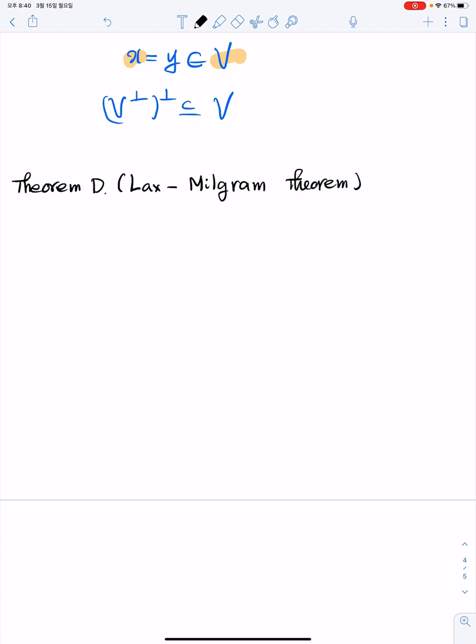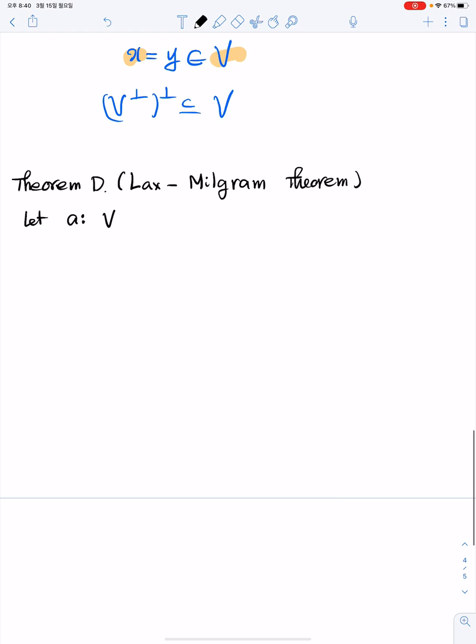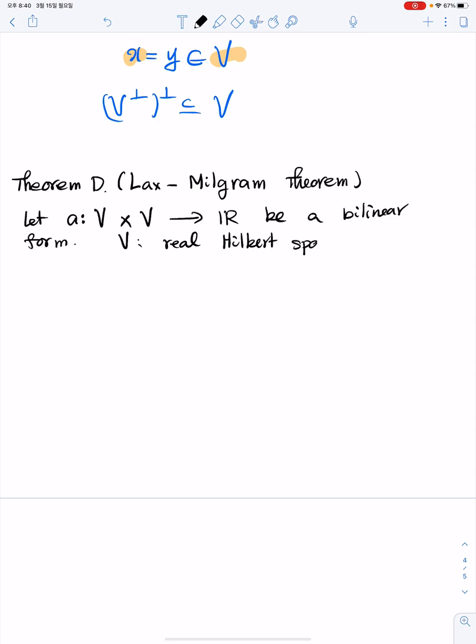So we consider the following problem. Let A be a map from V cross V to R, where V is a real Hilbert space, and A is a bilinear form.